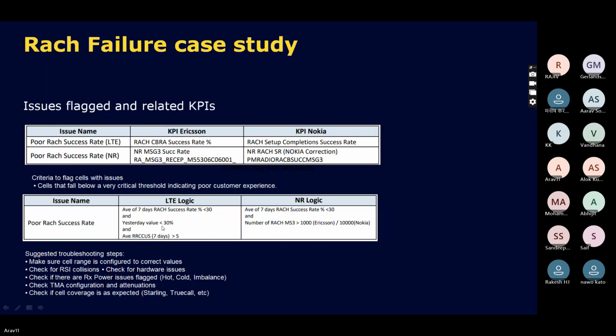So out of 7 days, on 5 days you have a value less than 30. In our logic, we took the average of 7 days RACH success rate less than 30, and number of RACH messages greater than 1000 in the Ericsson case, and in Nokia it's greater than 10,000.